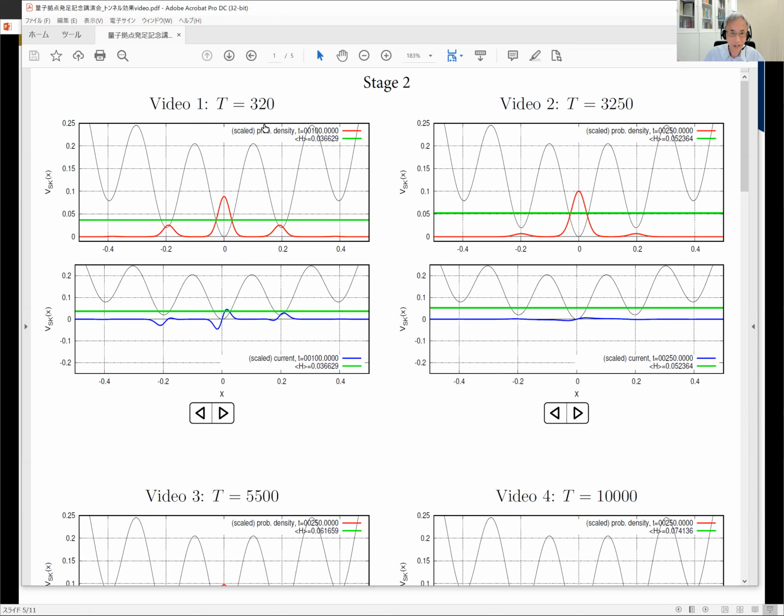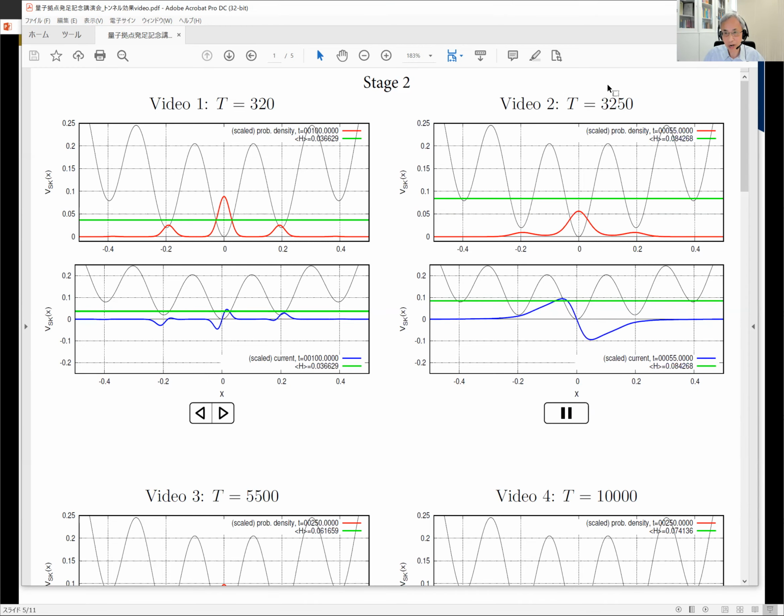So the short annealing time is not very effective because the probability goes back and forth by tunneling. And this problem is mitigated for a larger annealing time, 3250. As you see, it is relatively monotonic. You see, this negative current means that probability goes toward the center, from the left as well.